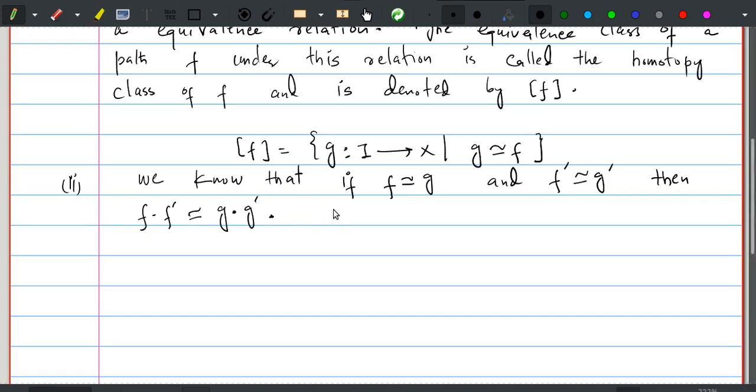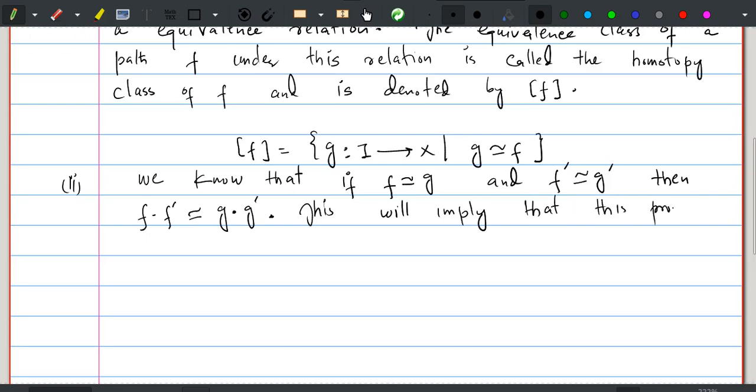So this will imply that this product operation has to respect the homotopy classes as well.